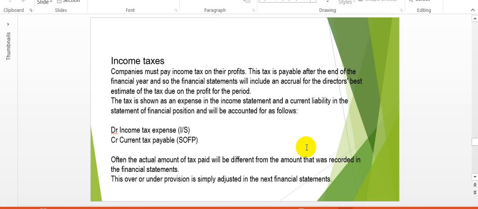Remember, you're just making a best estimate. So that best estimate may not be the actual amount of tax which is due in that particular year. So that would cause the company to have an under or over provision of tax.